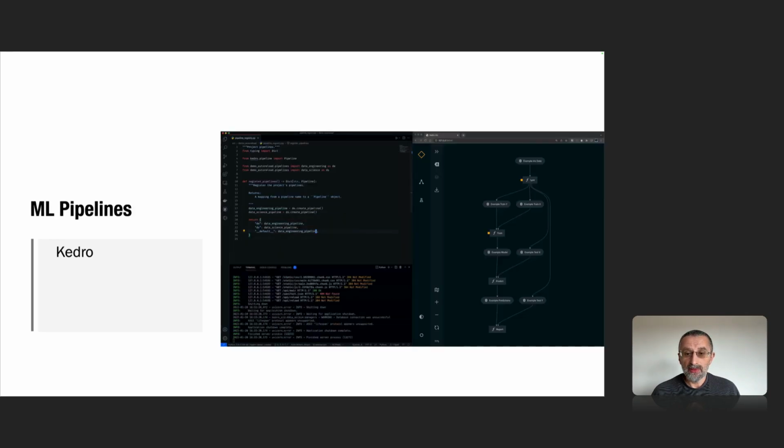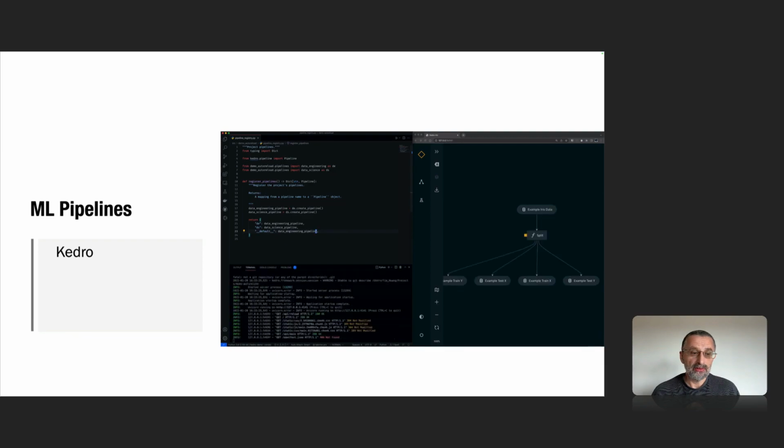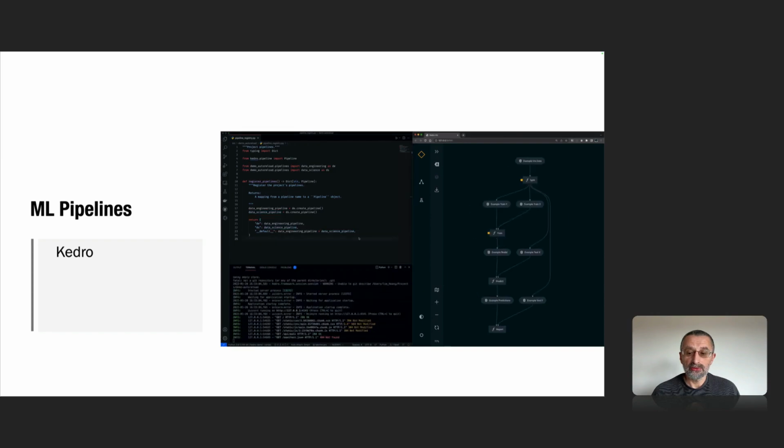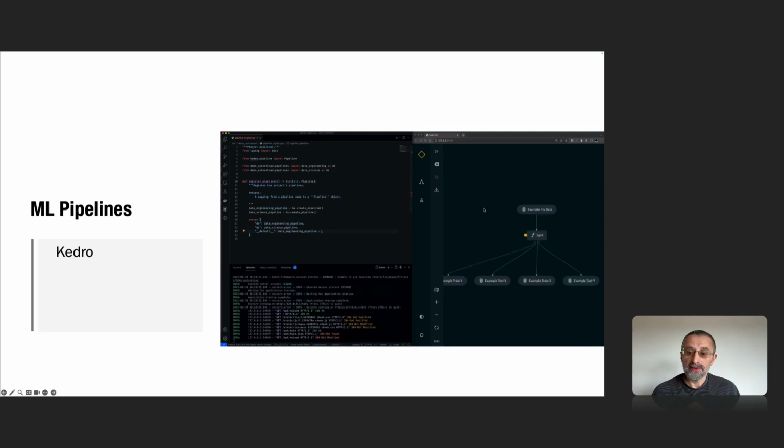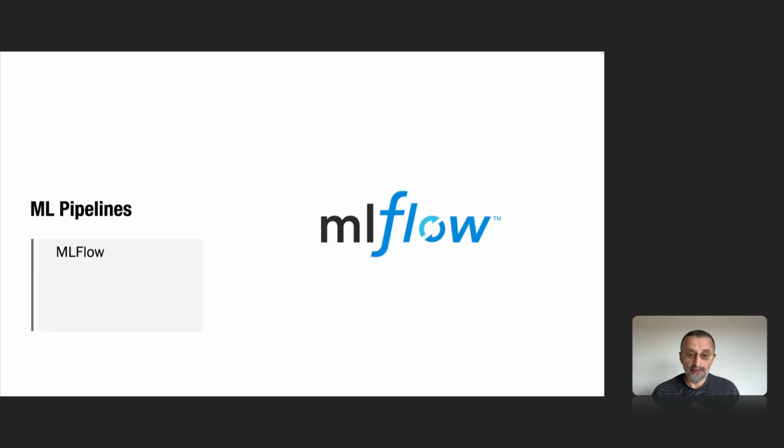For machine learning pipelines, I'm gonna use Kedro. So this is a system which enables you to create a pipeline in Python and then visualize it and deploy it in different forms later on.